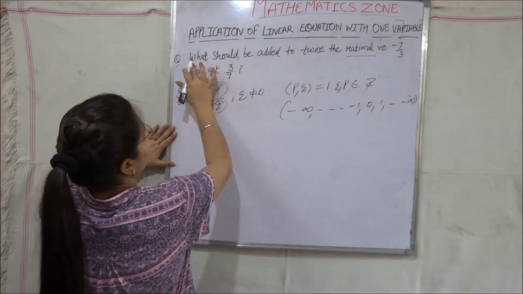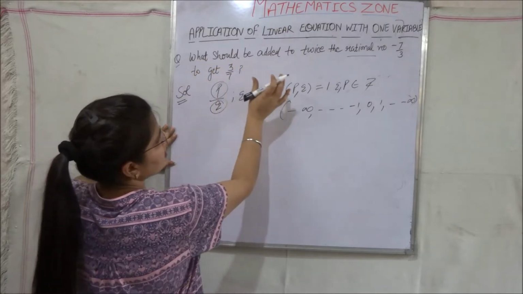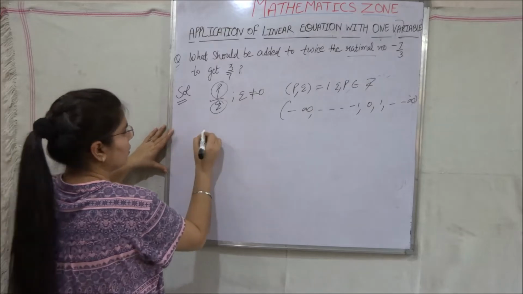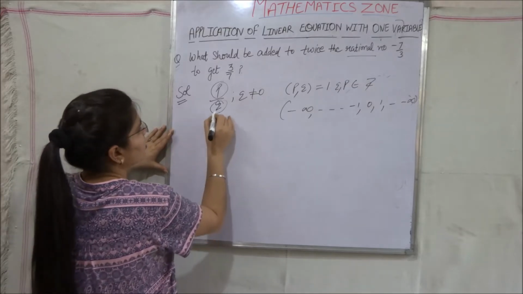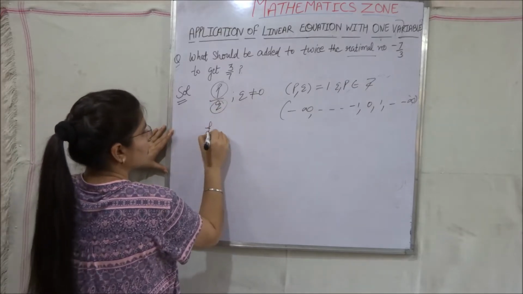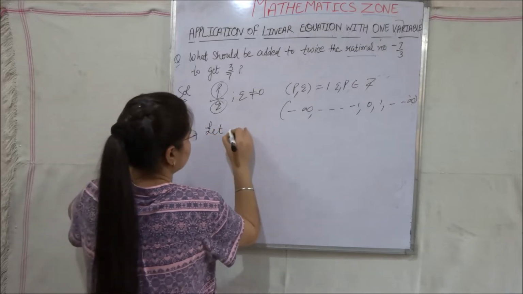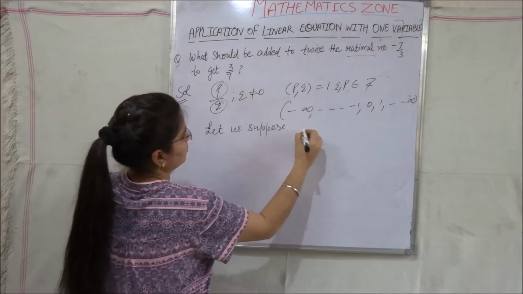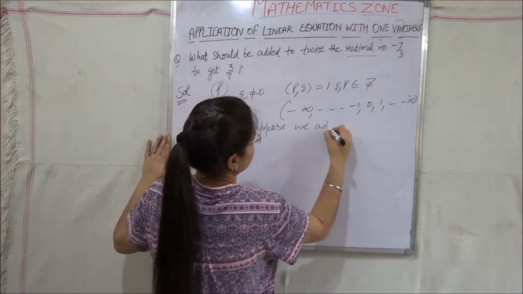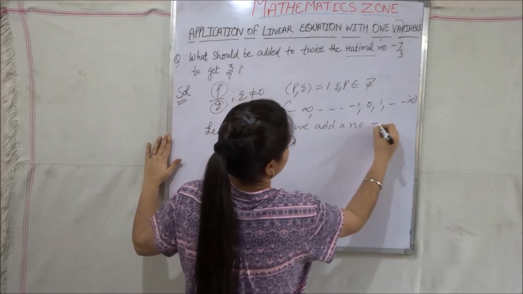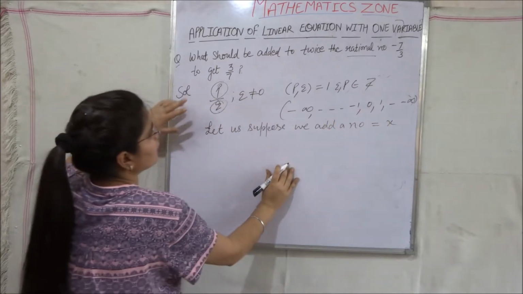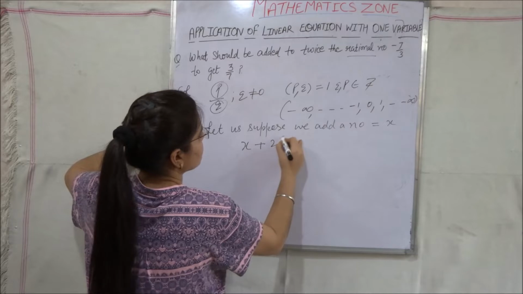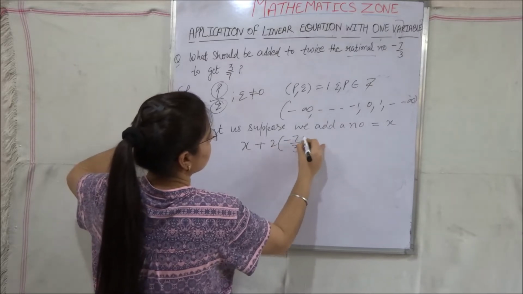Now we have a condition that we have to add something to twice the rational number. So according to the given condition, let us suppose we add a number equal to x. We should add it to twice the rational number minus 7 by 3.